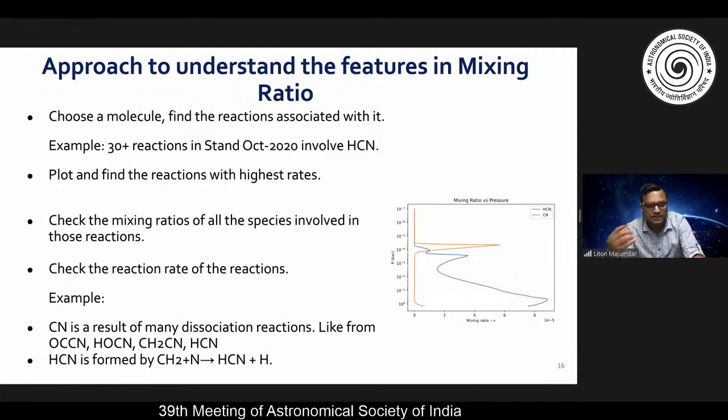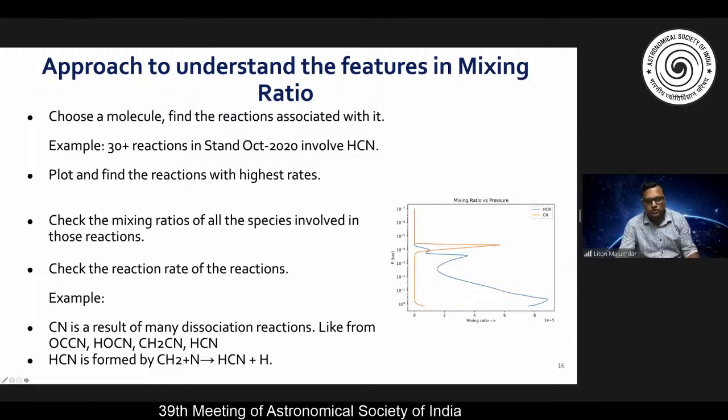So with all the ingredients that I mentioned, we can generate the plots for how the mixing ratio of an individual molecule, like let's say HCN and CN, changes with respect to altitude. You can think of this as the concentration of an individual molecule with respect to altitude.